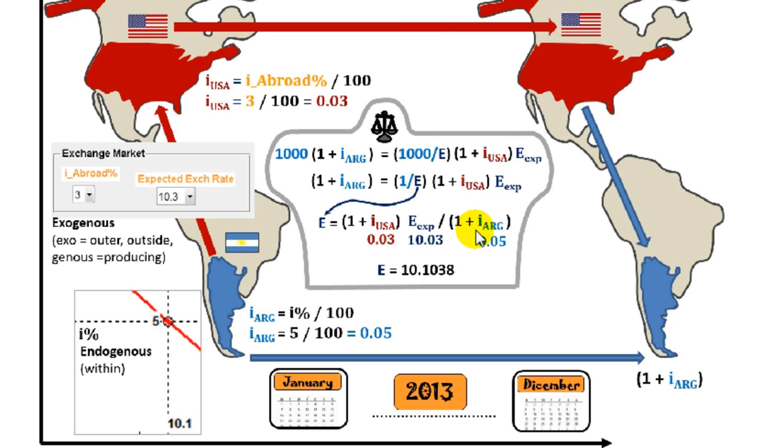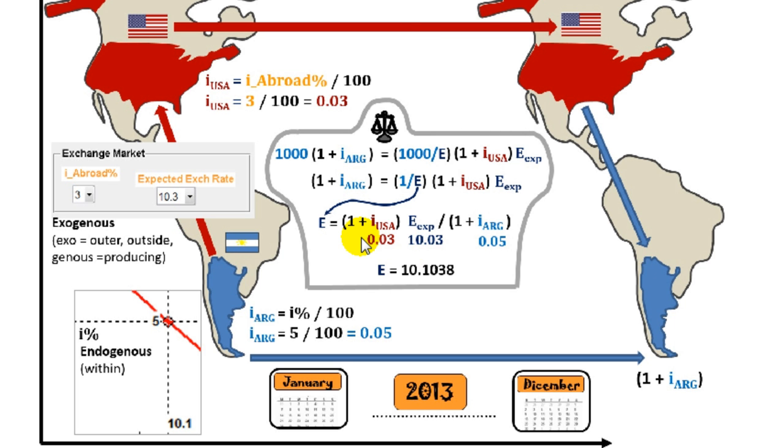We do the same to get the interest rate in Argentina. It is the interest rate expressed as a percentage, which is 5 divided by 100. So the interest rate in Argentina is 0.05, which is this value. And finally, the expected exchange rate, the rate that Argentinians expect in 1 year from now, is 10.03.